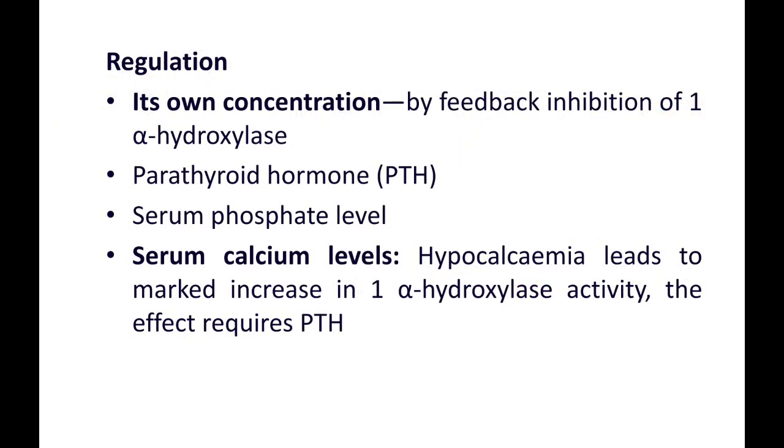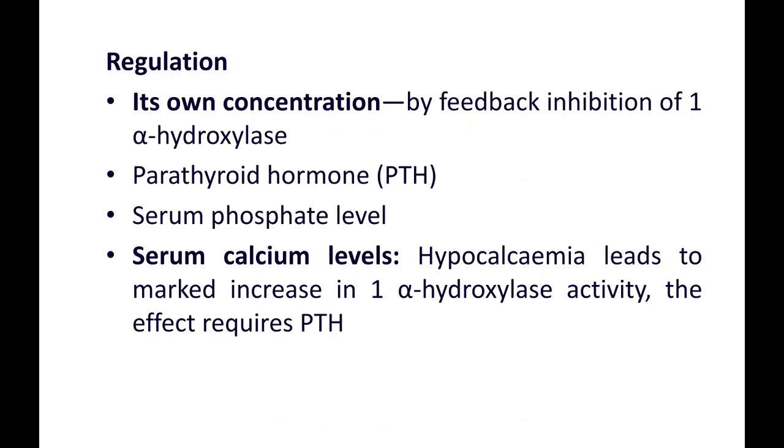Regulation of the synthesis of the active form of vitamin D: it is regulated by feedback inhibition by calcitriol, which inhibits the enzyme 1 alpha hydroxylase in the kidneys, and also by parathyroid hormone, serum phosphate levels and serum calcium levels.